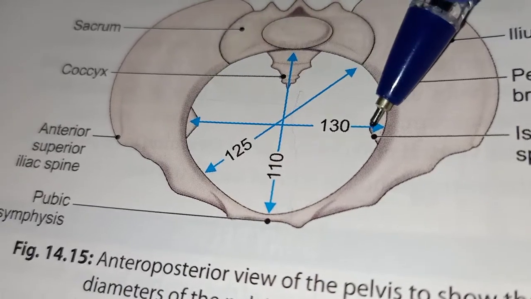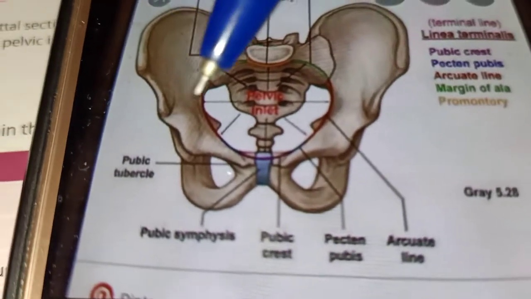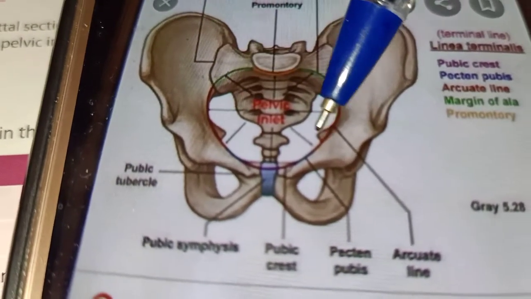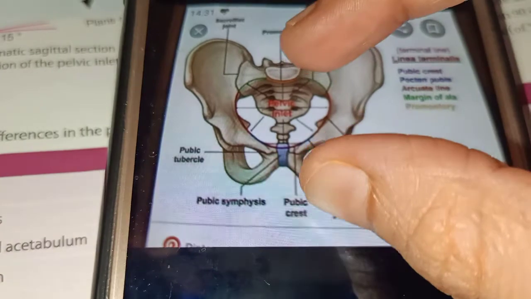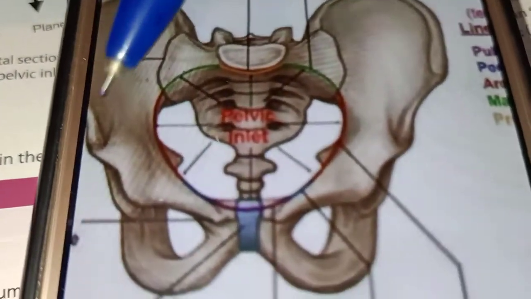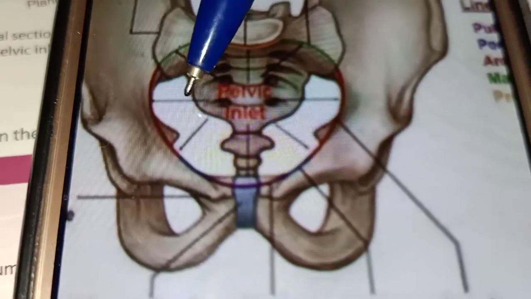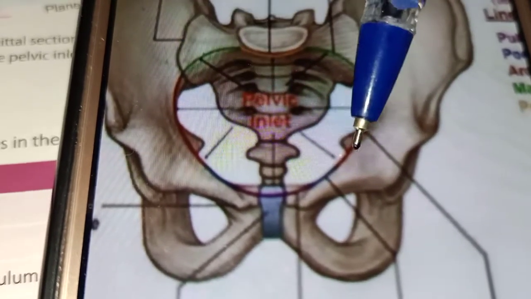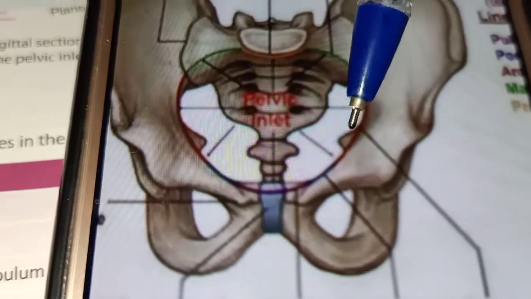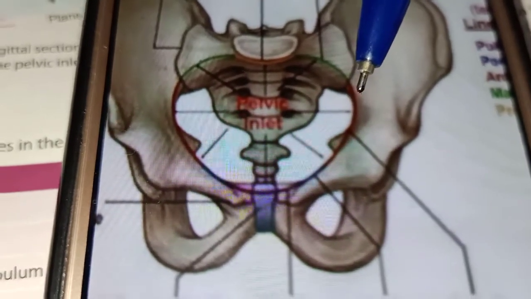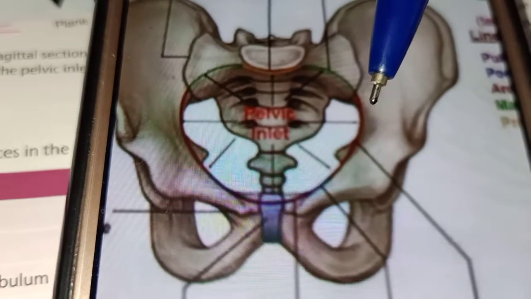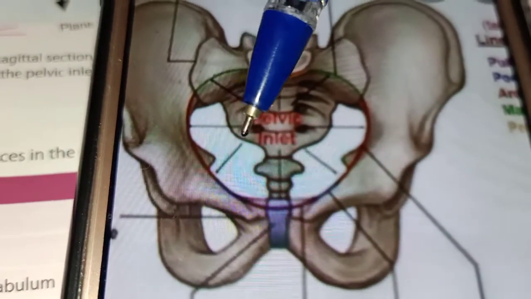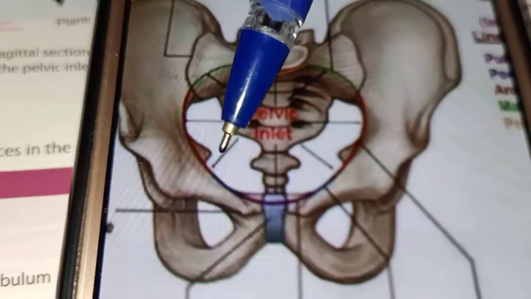This widest part, as you can see in the diagram, is between the ischial spines. So the widest part, that is the transverse diameter, running through both ischial spines, is 130 mm. So the AP diameter was 110 mm and the transverse diameter is 130 mm.